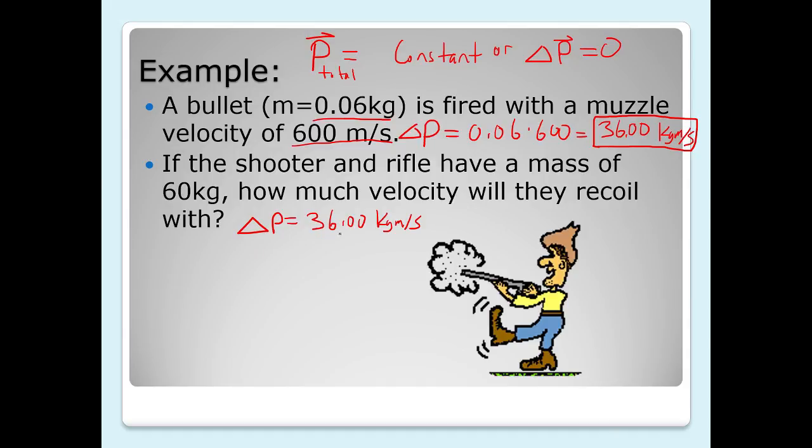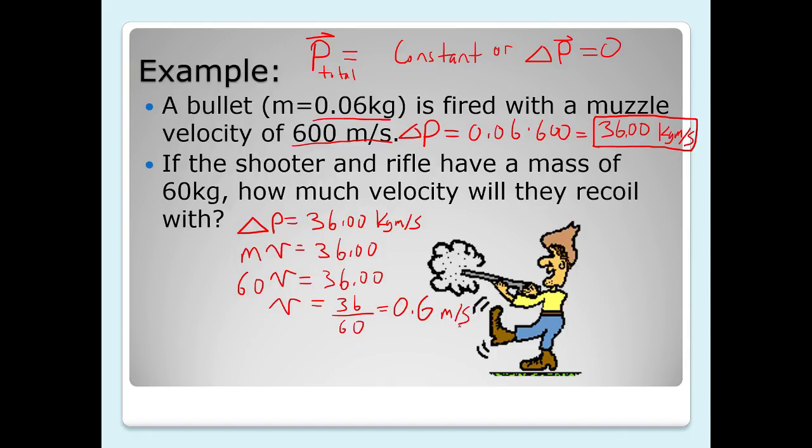When we calculate this, it is just mass times velocity equals 36. The mass of the shooter and the rifle is 60. So our velocity will be 36 divided by 60, which will be 0.6, I believe, meters per second.